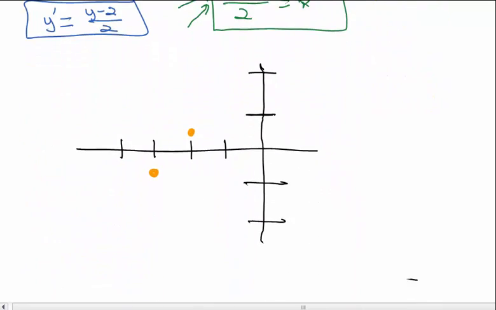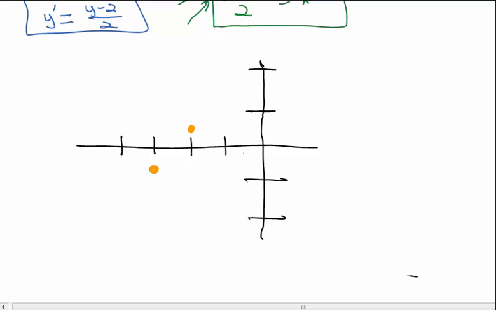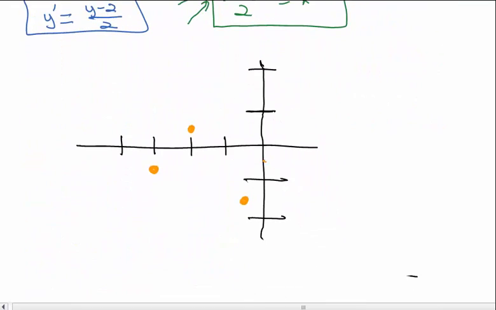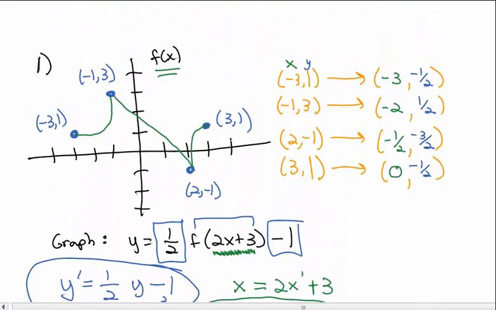Negative 1/2, negative 3/2. And finally, 0, negative 1/2. These are our 4 new points that we got off of our original 4 points.